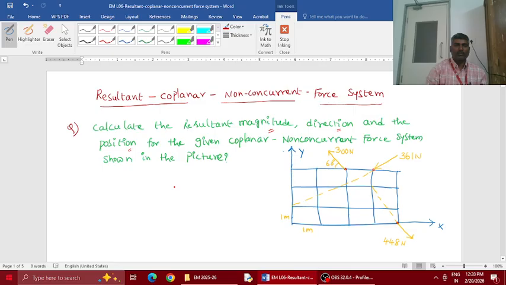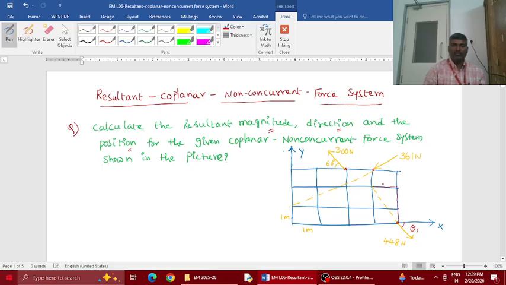So let us first calculate the angles required. Let us say this is theta 1. This angle can be found with this triangle, which can be formed by this line of action. The grid given here is 1 meter by 1 meter.